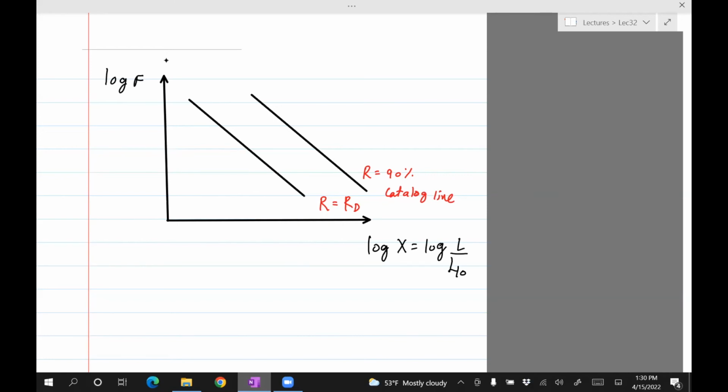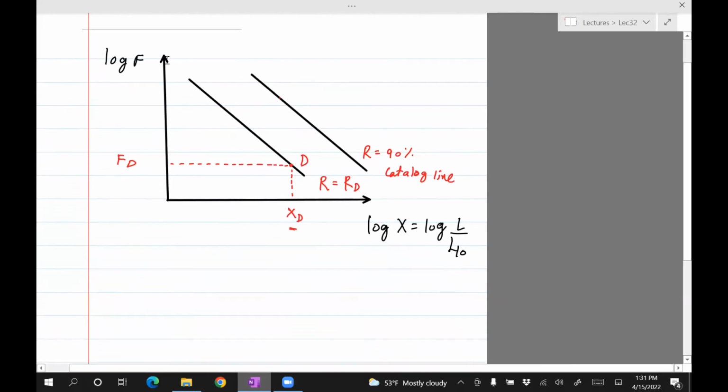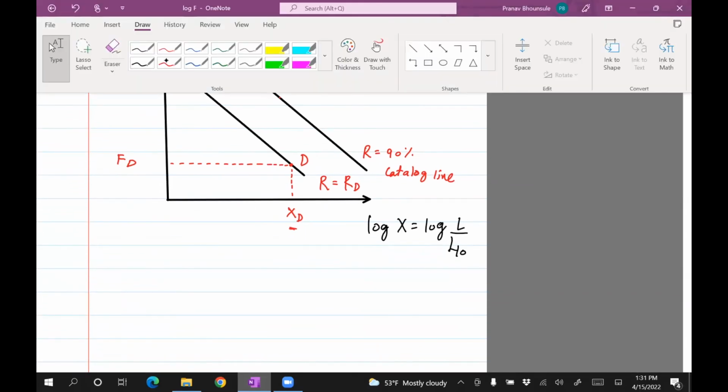Okay, so here's what's going on. Let's say that we are interested in a design where we want to compute either the FD desired. So we're given FD and we are told to compute XD at a reliability RD not equal to 90%.